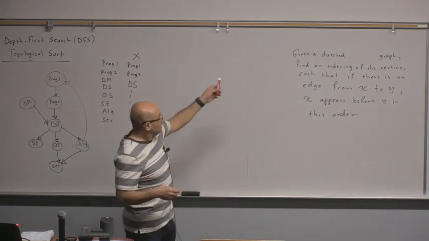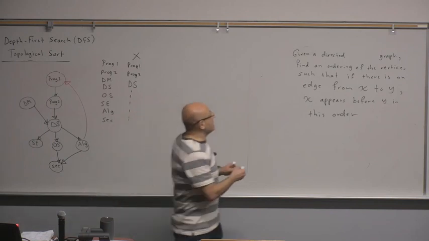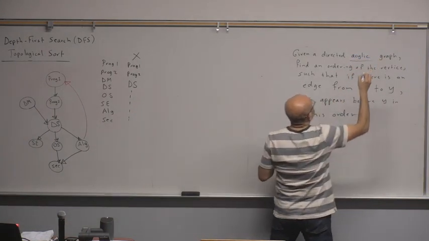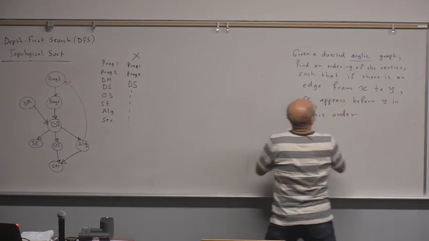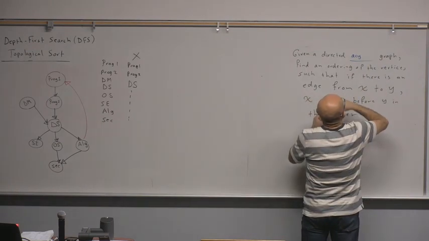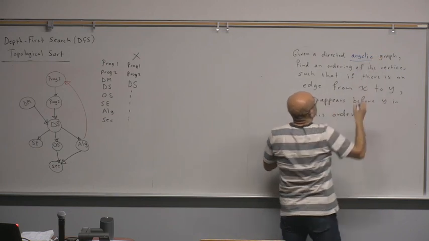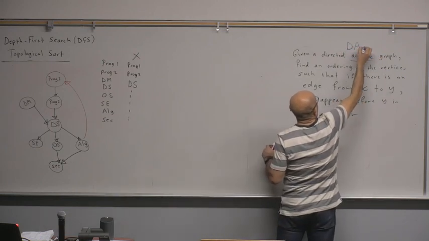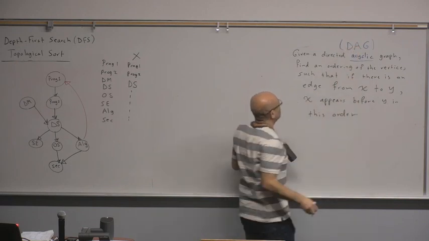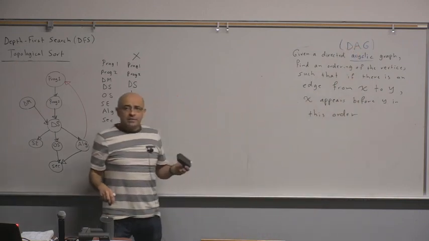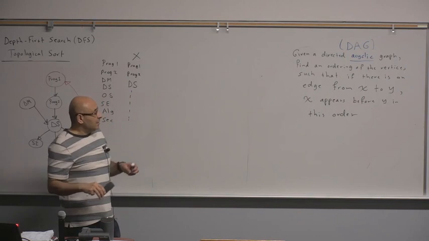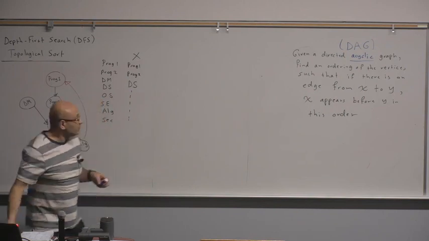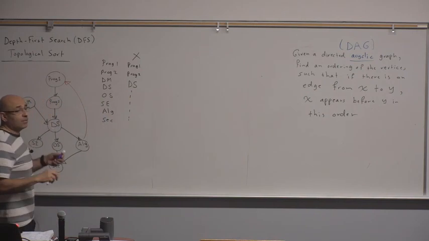So that's why, given a directed acyclic graph, or usually we use the acronym DAG, find an ordering of the vertices such that if there is an edge from x to y, then x appears before y. Okay, now let's think of an algorithm for doing this.